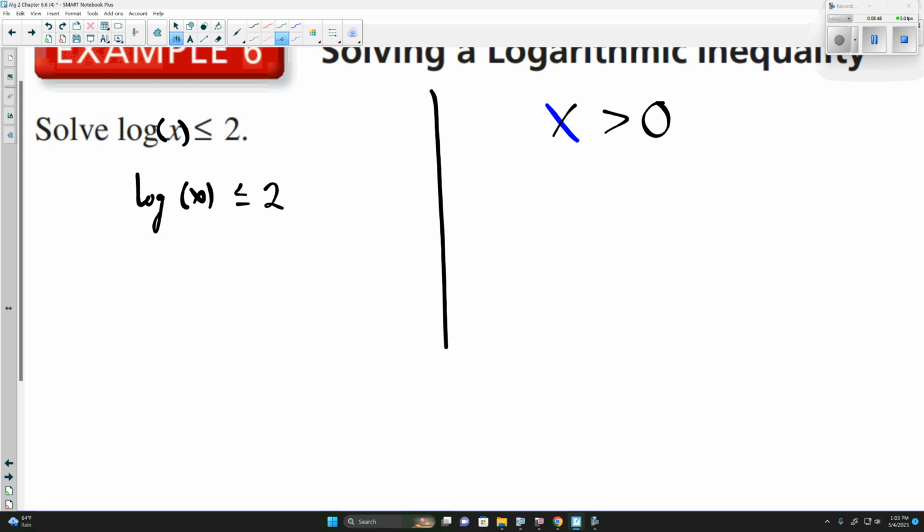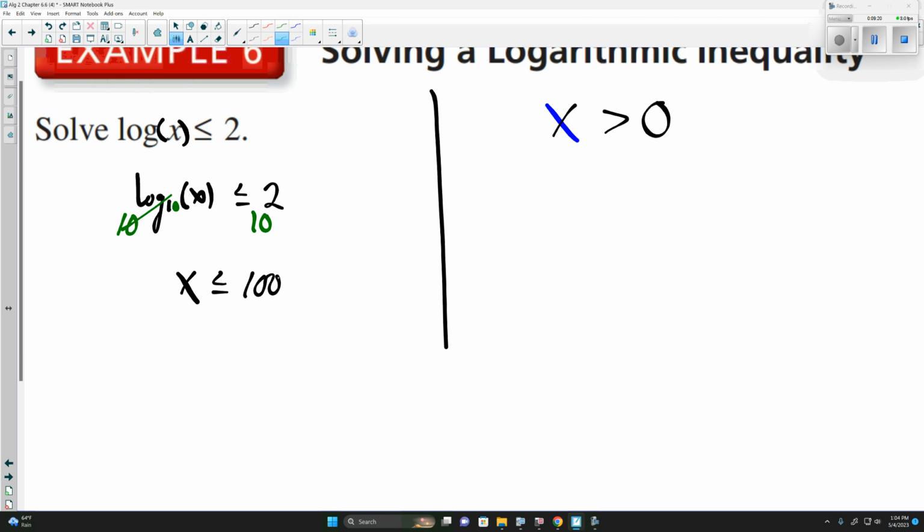What would we do next? So x is less than or equal to 10 squared, which is 100. Any questions on how we solve this here?